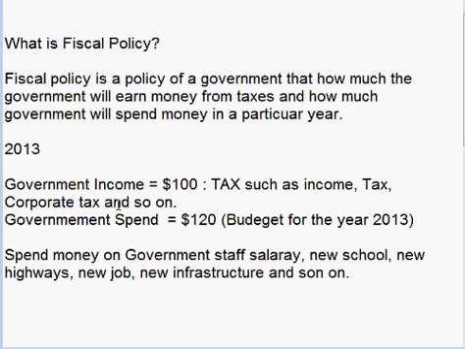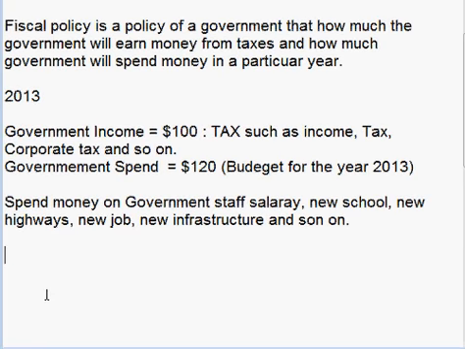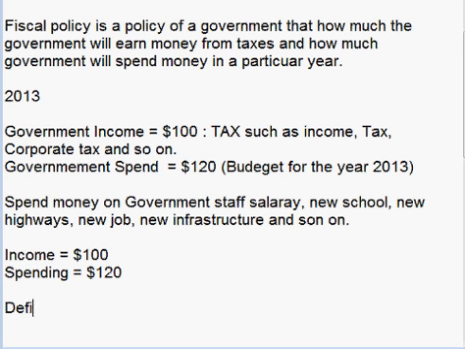Okay, what is happening here? Government income is $100, and government spending or budget, I said, is suppose $120. So what is the deficit?